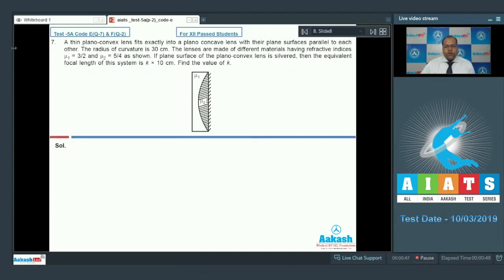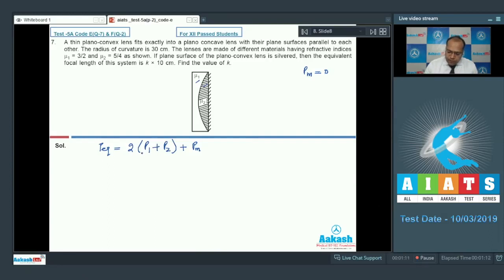From the theory of equivalent power, we can say that P equivalent is equal to 2 times P1 plus P2, where P1 and P2 are the powers of this lens and this lens, plus the power of the plane mirror. We know that the power of a plane mirror is 0.